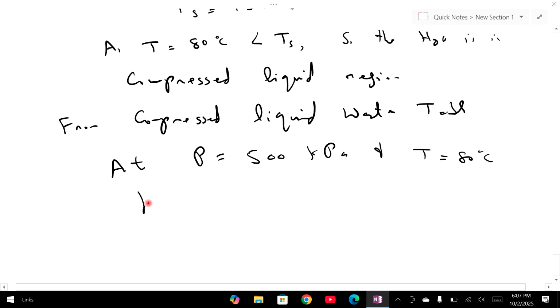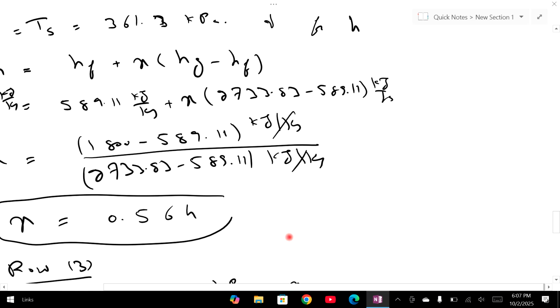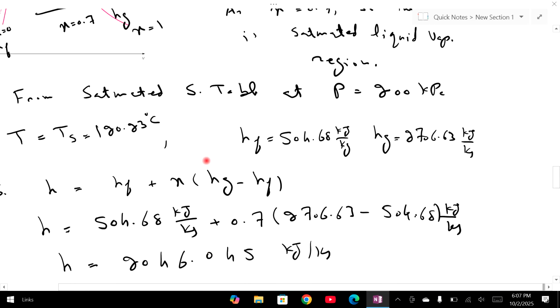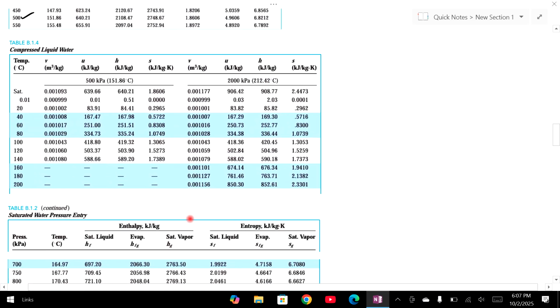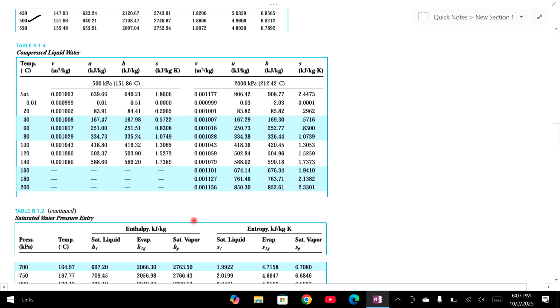So go to the compressed liquid water table. Here pressure is 500 kilopascal, and this temperature is 80 degrees centigrade.